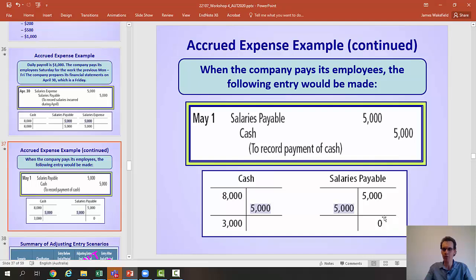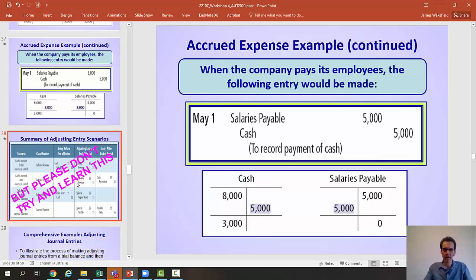So your salaries payable account will then be zero during the following financial period when you've actually paid out the amount that's owing. Now that of course is a transaction, because a transaction is crossing the economic entity boundary and employees are receiving their salaries.